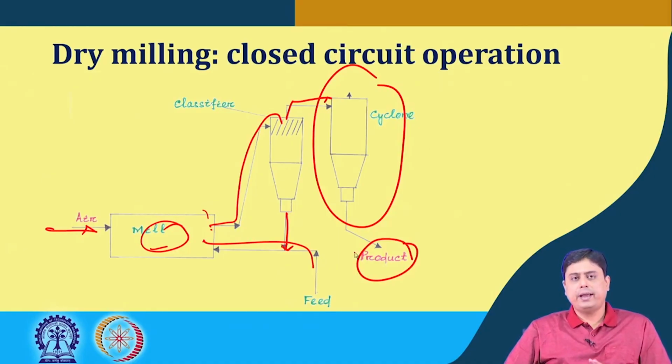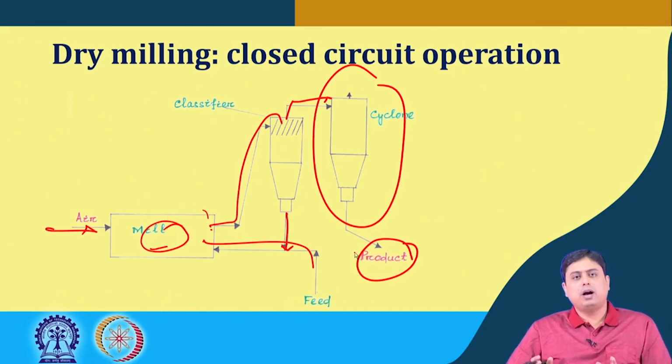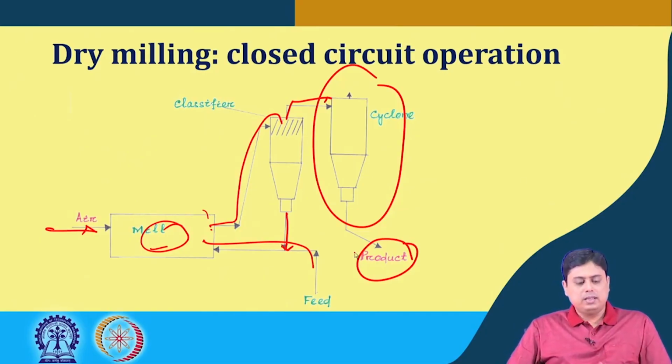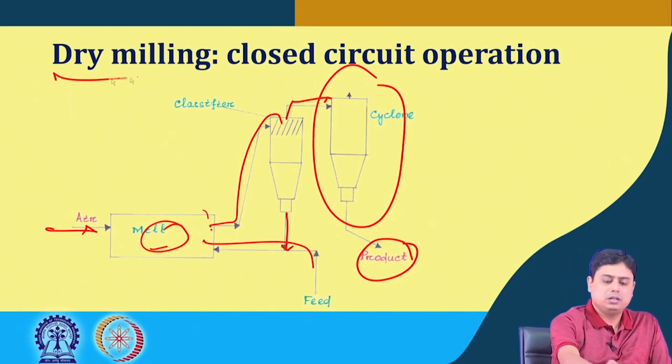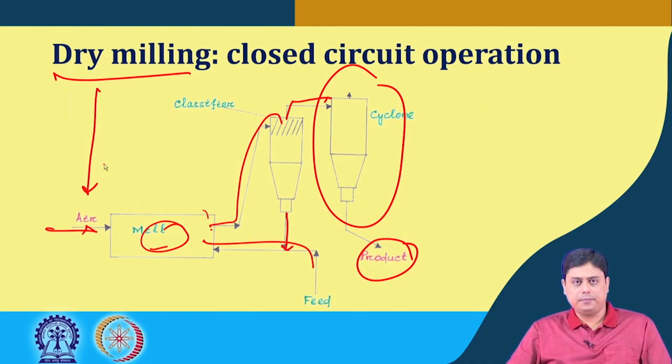So, this is the kind of closed circuit operation that happens, where we have the mills followed by a closed loop of classifier and the subsequent classification of the finer products. Now, this is the dry milling operation, which means the carrier medium is air without humidity, dry air.